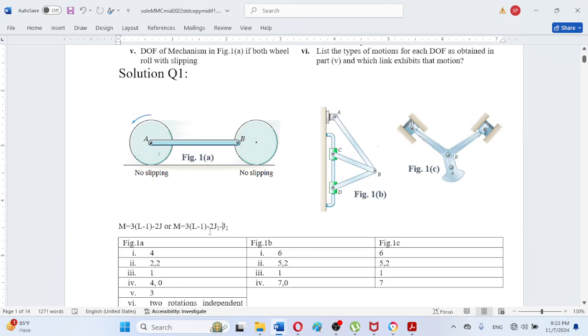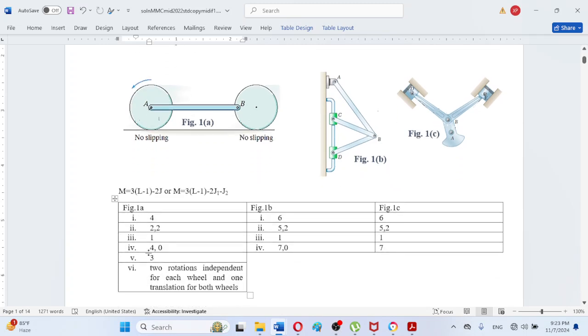So there will be 9 minus 4 minus 2, meaning 9 minus 6, that will be equal to 3. So the available DOF for the mechanism, if we assume the slipping case or roll-slide joint or half joints, will be 3, and those 3 can be explained like this.